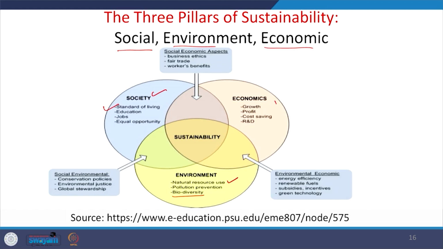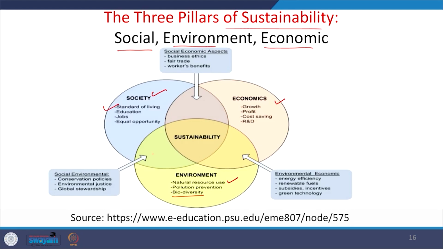And in economic sustainability, we are expressing that growth needs to be sustained, profit needs to be continued for longer time. We need to focus on research and development for increasing the quality of the products itself. So if these dimensions get fulfilled, then we will have an integrated whole of the sustainability, what we call the three pillars of sustainability.